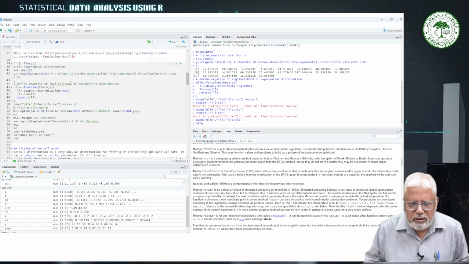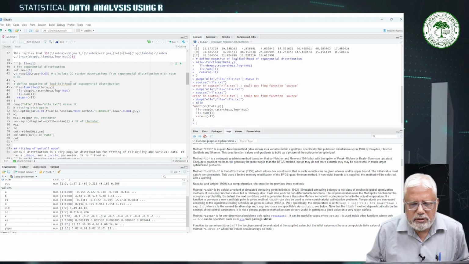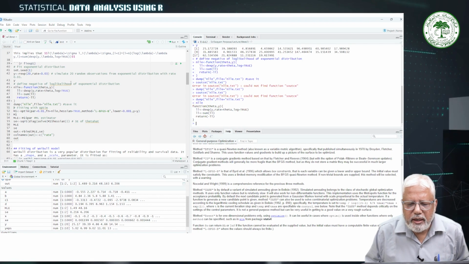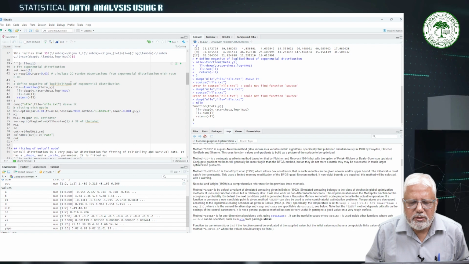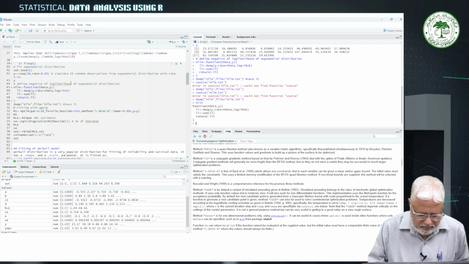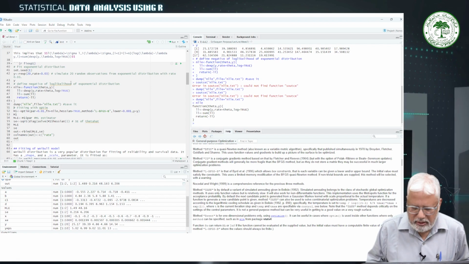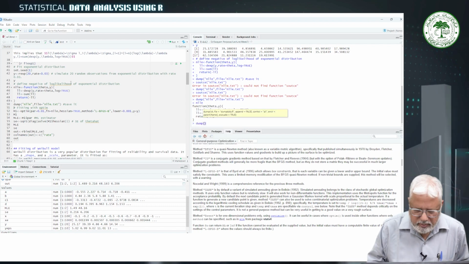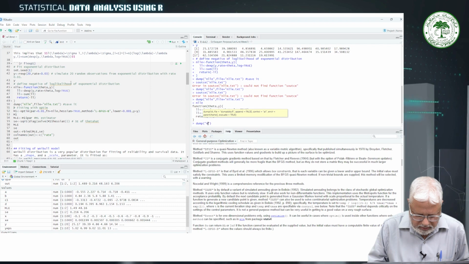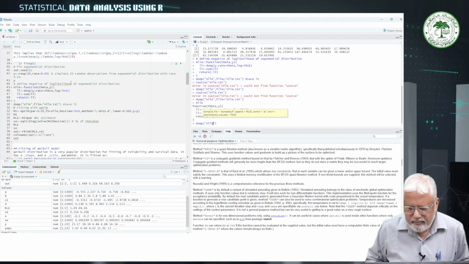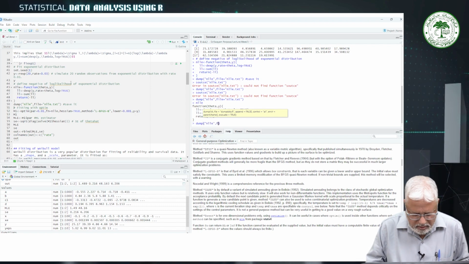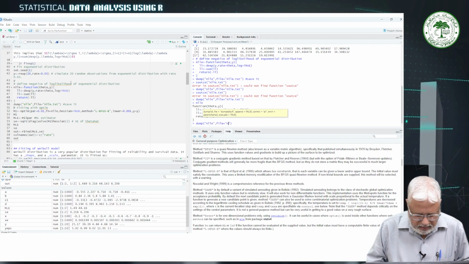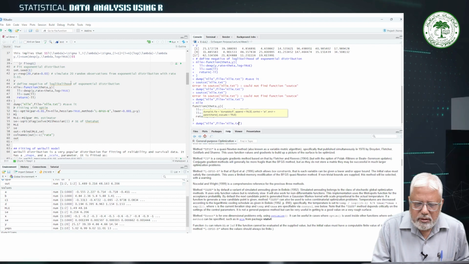Now we can see whether it has been dumped, and yes, the file nlle.txt is there. Then we can dump, in double quotes nlle, and file is equal to nlle.txt.